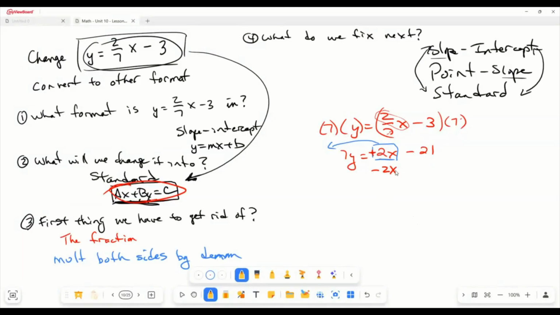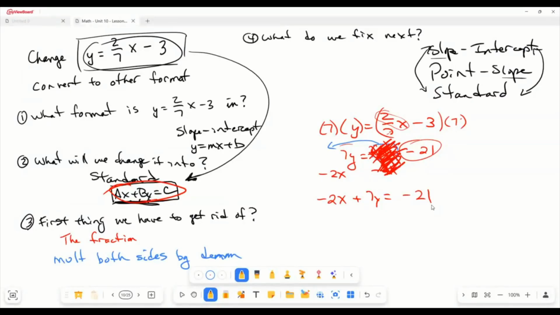So I'm going to subtract it. But if I do that over there, I have to do it over here. This doesn't combine. So it's negative 2x plus 7y. Yay, we got rid of it over here. I'm left with negative 21. We're almost there.